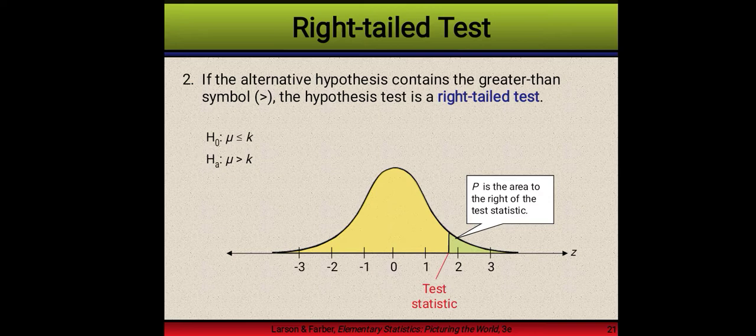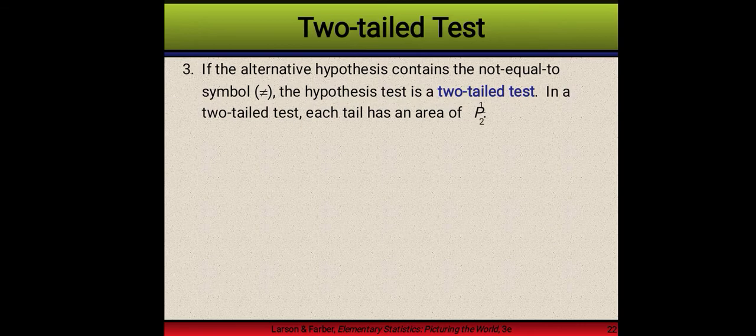We have the two-tailed test. If the alternative hypothesis contains the not equal to symbol, the hypothesis test is a two-tailed test. In a two-tailed test, each tail has an area of P. This is its representation.